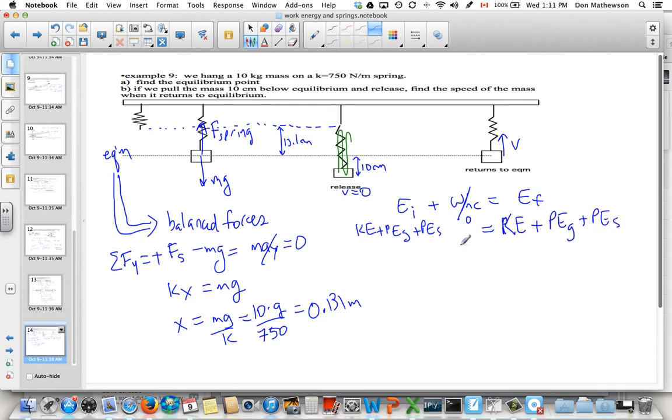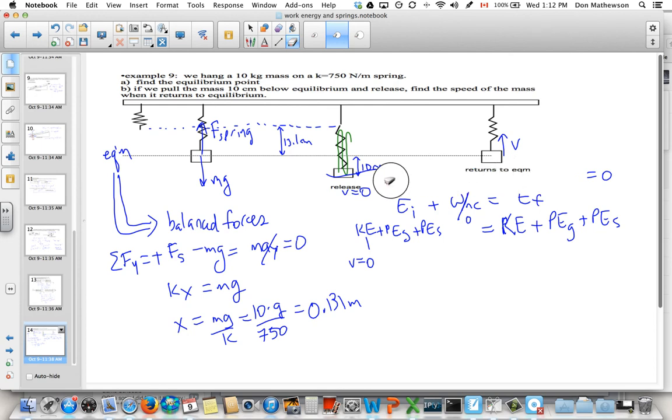Now let's think for a bit about our variable assignments. Here at the release point, it's at rest, so there's going to be no kinetic energy. For gravitational energy, why don't we make this lowest point here our 0 of height? That's terrible. Let's do that again.